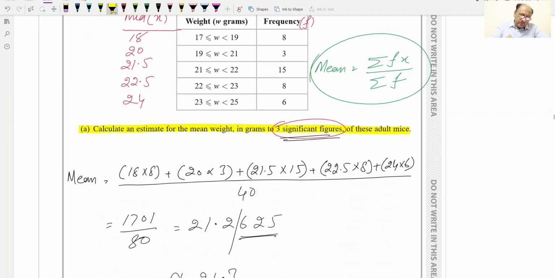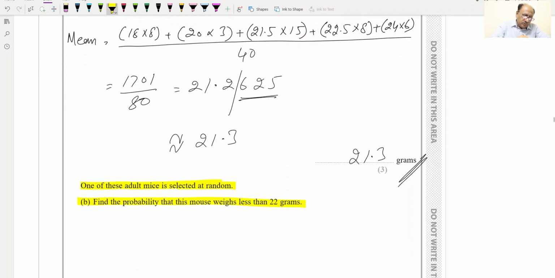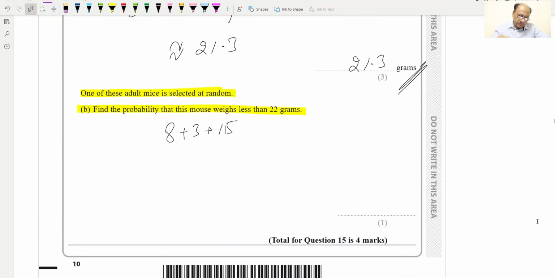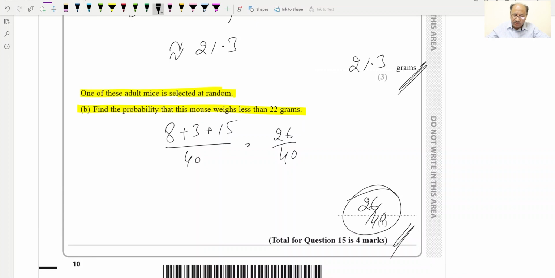Less than 22 is these three options, 8 plus 3 plus 15. So we can write 8 plus 3 plus 15, divided by out of 40. So this will be 26 over 40, and 26 over 40 will be our final answer for 1 mark.